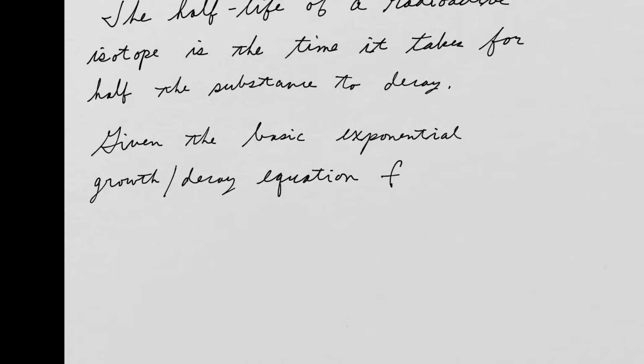I'll use t as my independent variable, my input, because we're dealing with time. So it's f of t equals, remember, just a times b to the t.